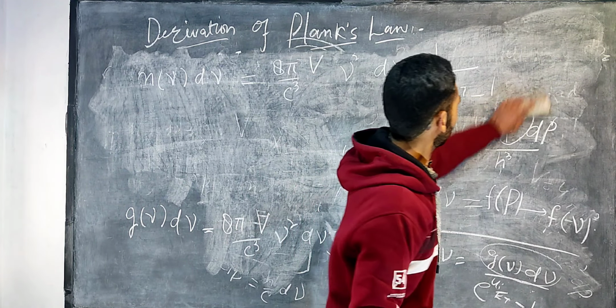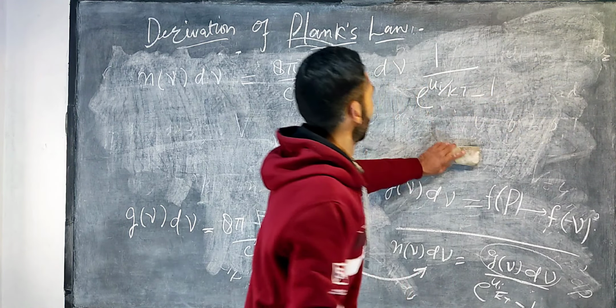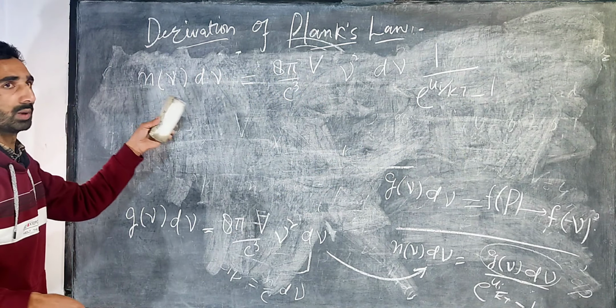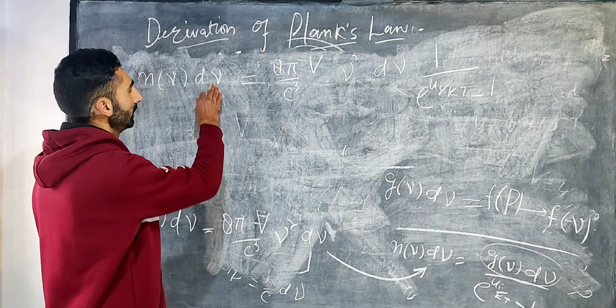So this is the formula for the number of particles within the range of d nu.